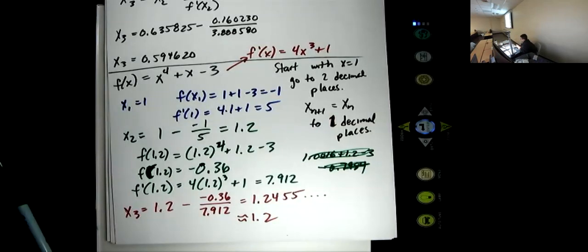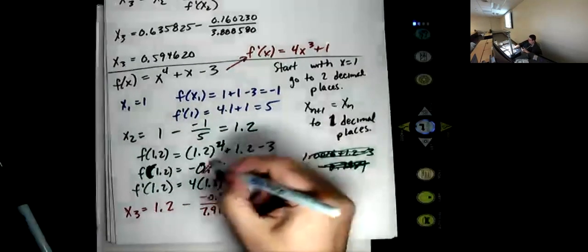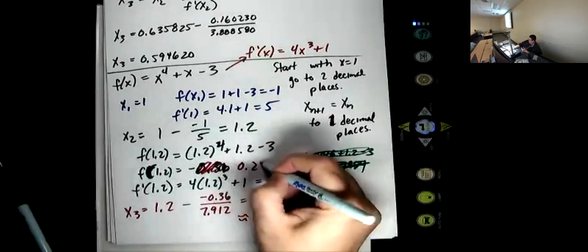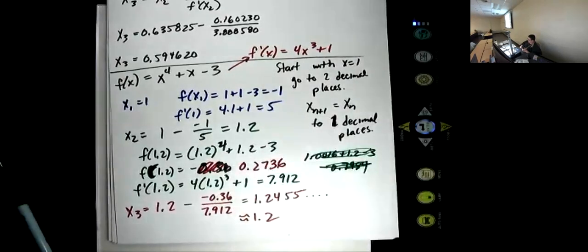Something's off. That's not what I have in my notes. One of these is off. Which one of these? You get that? That's what I got. Yeah.